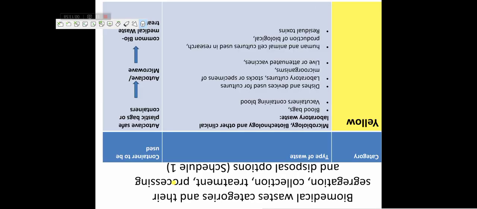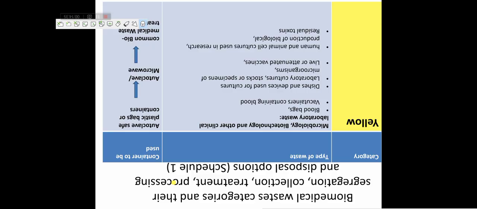Now here you can see for the yellow category, there is microbiology, biotechnology and other clinical laboratory waste like blood bags, vacutainers containing blood, dishes and the devices used for culture. So the things used in microbiology and biotechnology laboratories have to be autoclaved first, in autoclave-safe plastic bags or containers, and then given to the common biomedical waste treatment facility, right?